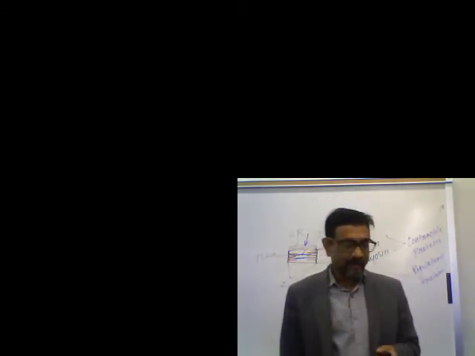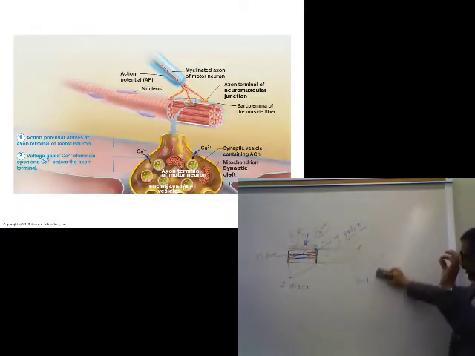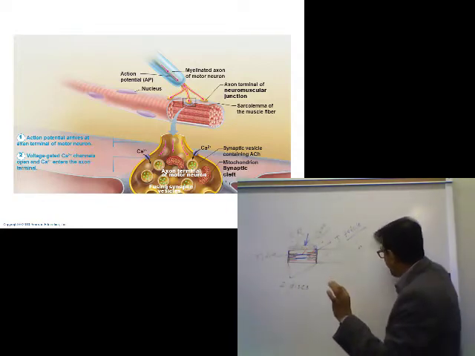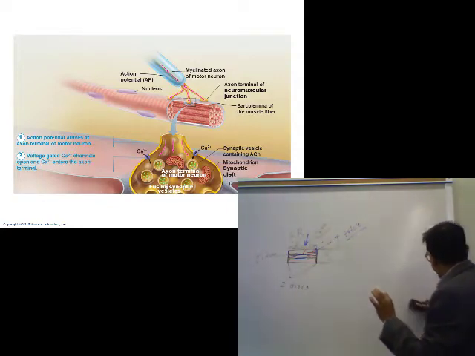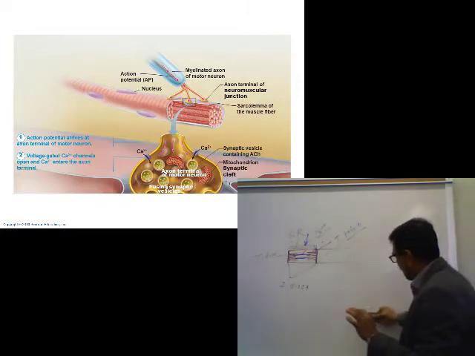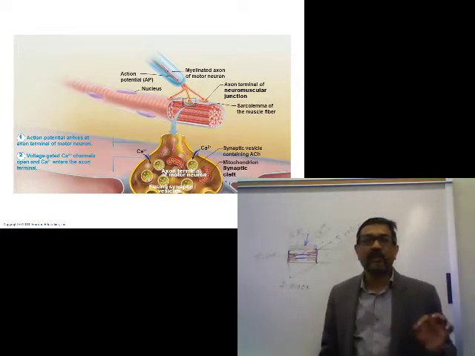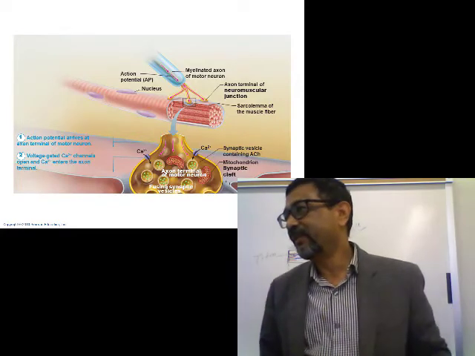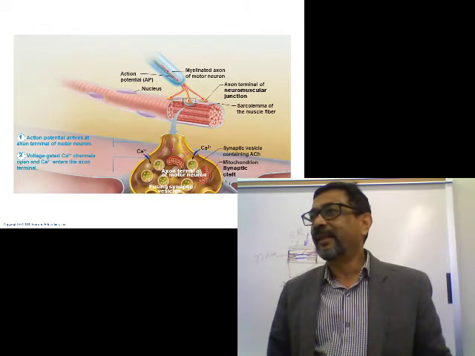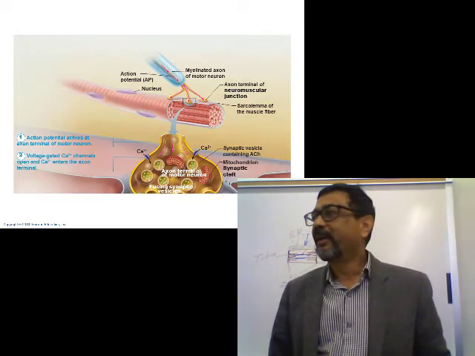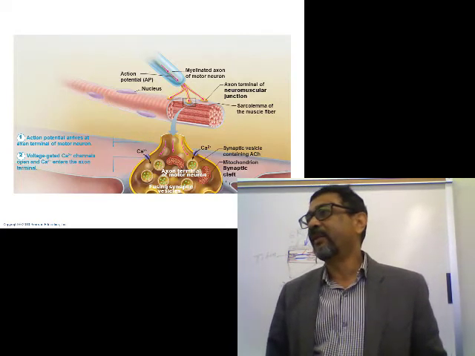Okay. Now I'll talk about the neuromuscular junction. The name is telling you it is the area where the neuron talks to a muscle fiber, the area where a neuron ends on a muscle fiber.